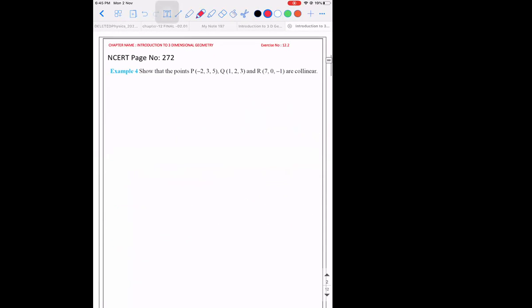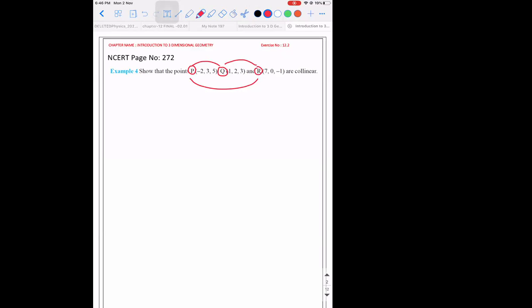Show that the points are collinear. So when the points are collinear, what can you prove? PQ plus QR is equal to PR. So what you do is find the distance of all the three. You don't know which point is in the middle, so assuming that they have given PQR, assume that Q is a point in between. So find PQ, find QR, find PR. Sum of two distances should be equal to the third distance. If that comes, they are collinear.